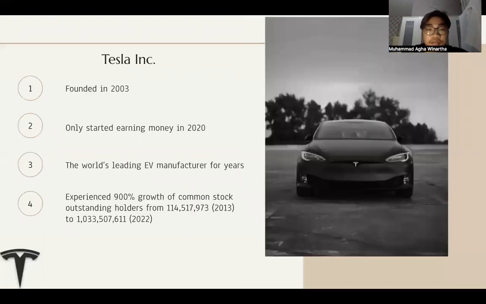In this case, I took Tesla Incorporation as an example. Why Tesla? Well, Tesla was founded in 2003, but only recorded a positive income for the first time in 2020.